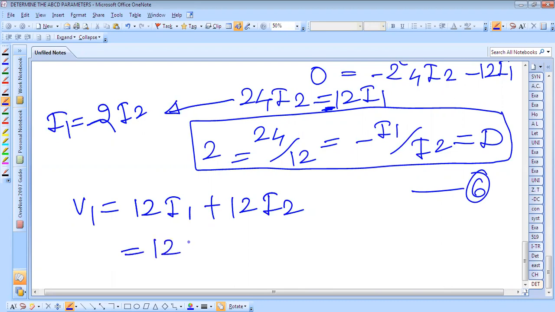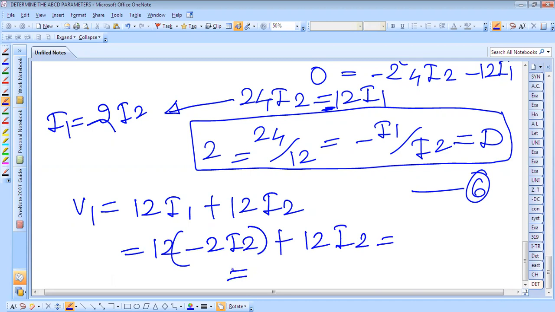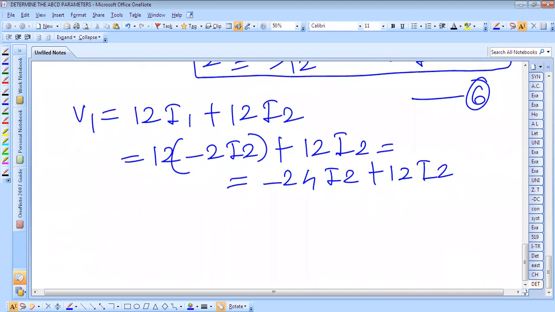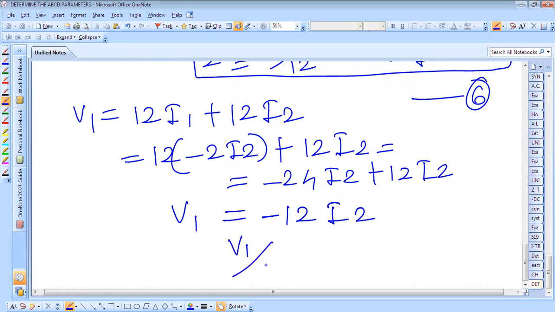Therefore 12 into minus 2 I2 plus 12 I2 is minus 24 I2 plus 12 I2. So what is remaining here is minus 12 I2, that is V1, and therefore V1 upon minus I2 is equal to 12, and this is the B parameter.